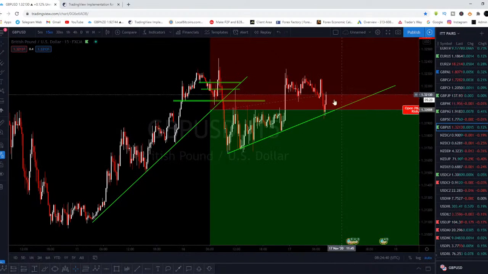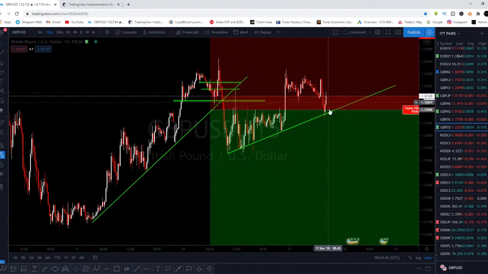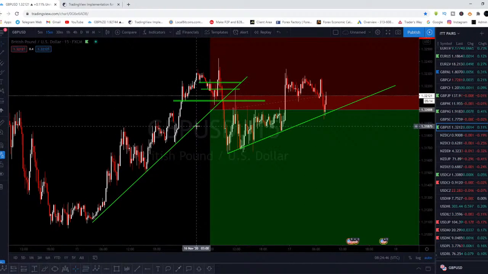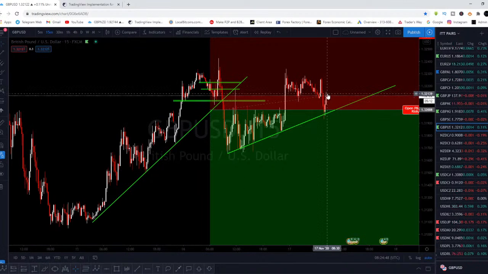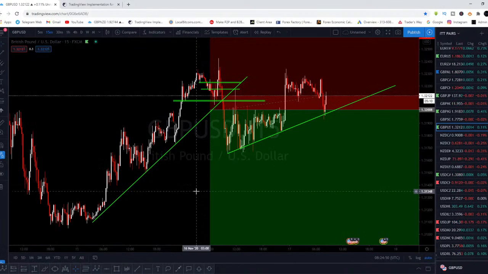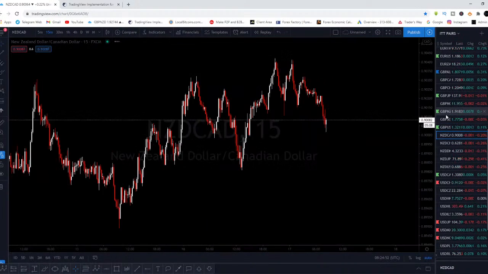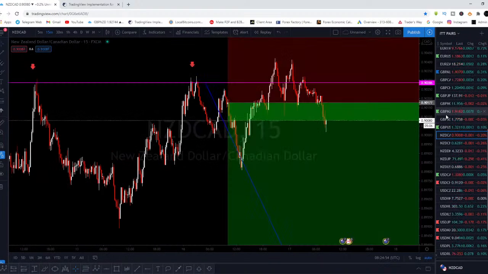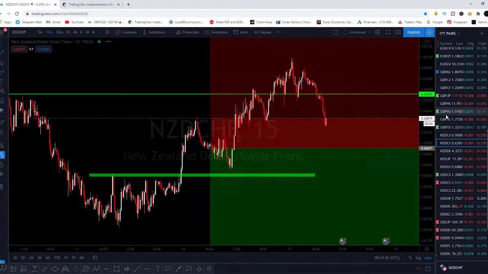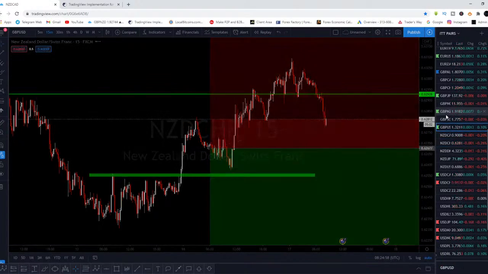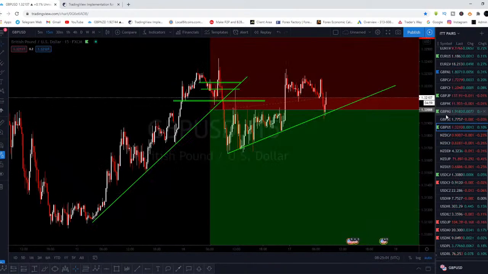If it's not able to reject this, something's gonna happen: either continue the move to the upside or break out of this trend line again and continue the move to the downside. Same thing with this, it will continue to move to the downside. I'm still waiting for them to be in profit.